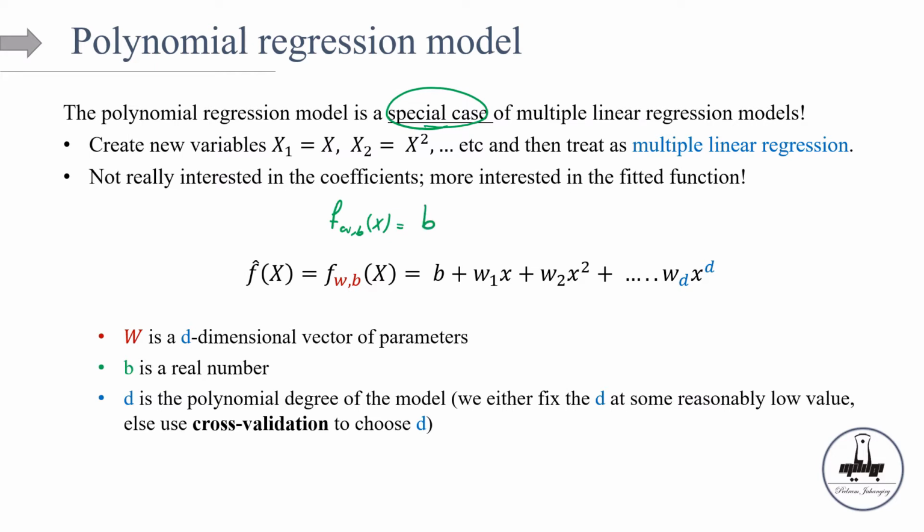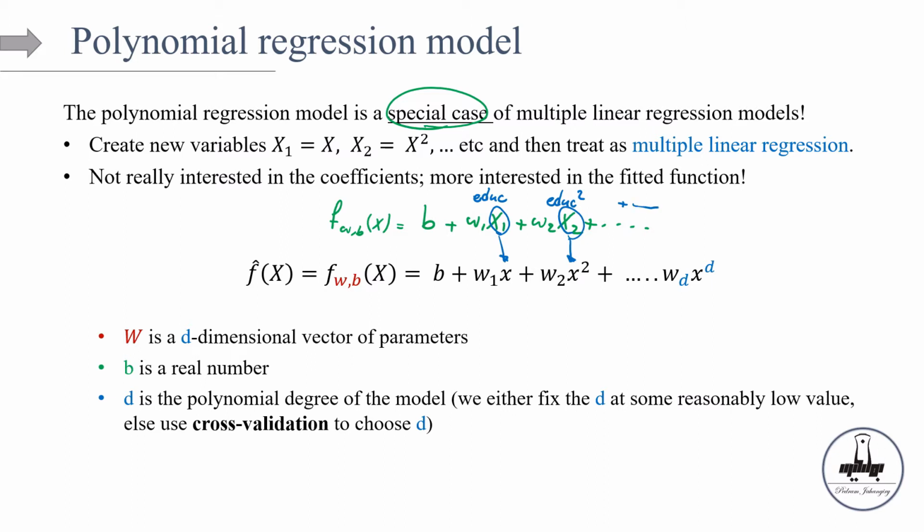So we said b, our bias term, plus weight 1 multiplied by feature 1 plus weight 2 multiplied by feature 2, etc. Here, if we assume that feature 1 is x, feature 2 is x squared, feature 3 is x to the power of 3, etc., then this is what we call the polynomial regression model. For example, imagine we have education. If I add education to the power of 2 to the model, to the power of 3, 4, etc., this is our polynomial regression model.